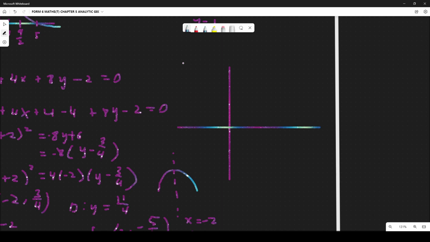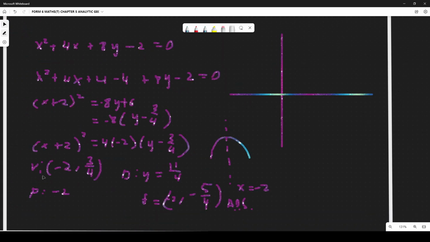Just for the heck of it, I'll draw it again. First things first, find the vertex. What are the vertex values? Negative 2 and 3 over 4. So say negative 2 is here, and say 3 over 4 is here, somewhere here. Then it should go downward, and we know the focus is at negative 5 over 4, somewhere here.